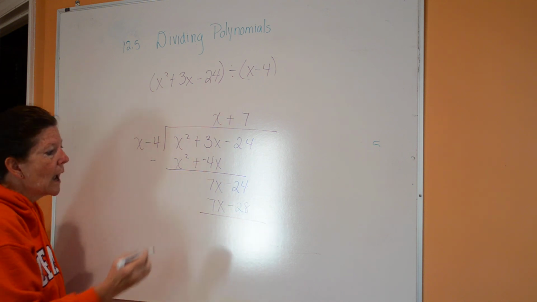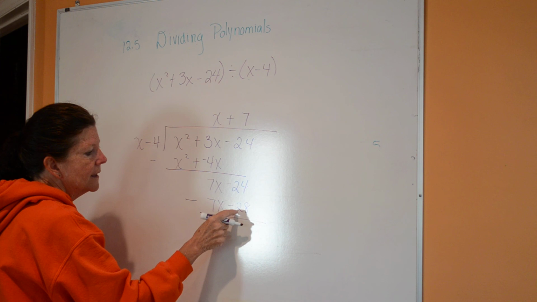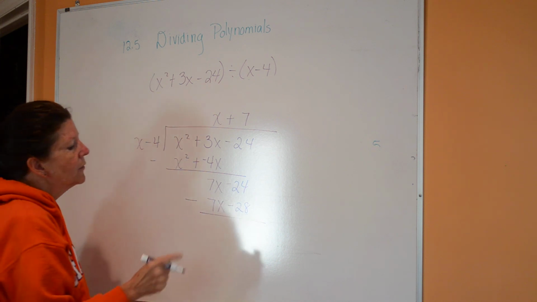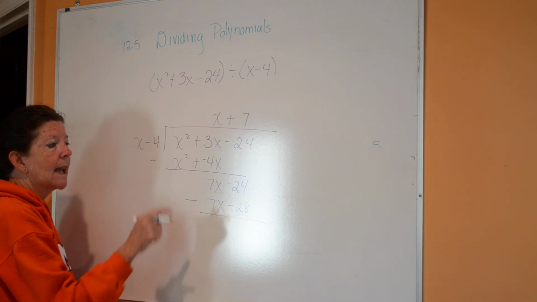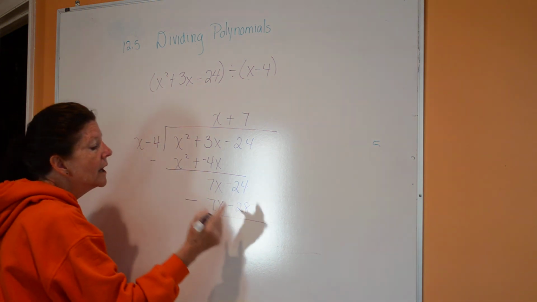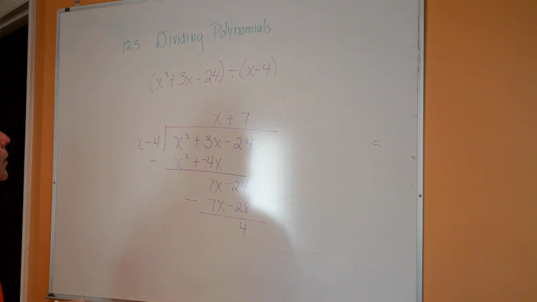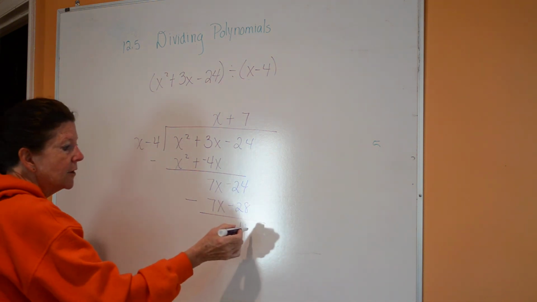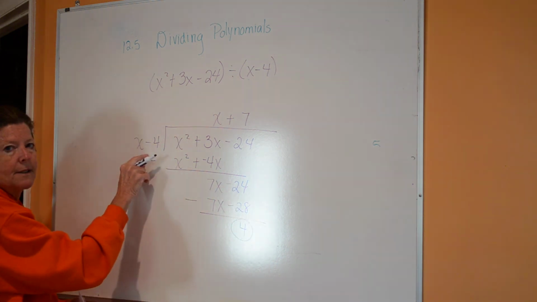Then I'm going to subtract. Remember, I have this minus this. So it's negative 24 minus a negative 28, which is the same thing as saying negative 24 plus 28. So I get a positive 4 right there. Well, the way I do division, if you remember right, you take your remainder and place it over the divisor.